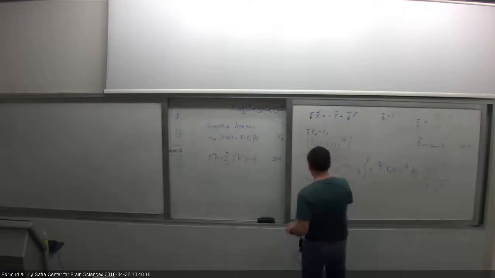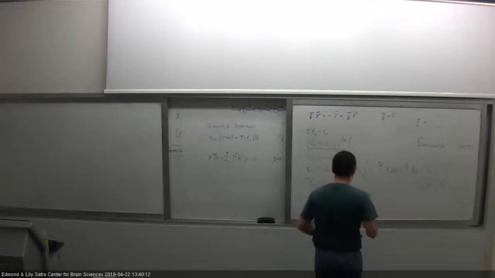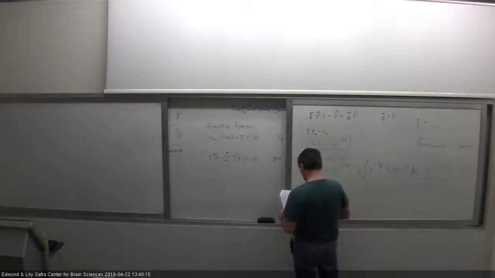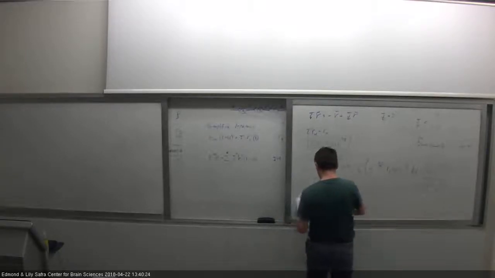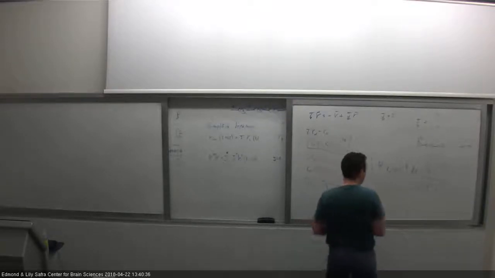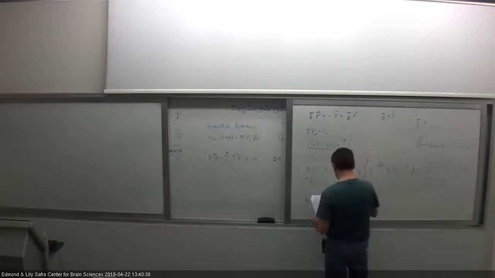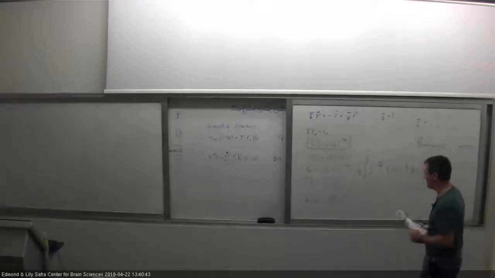And one can prove the general case: R n minus j of t will be equal to 1 over j factorial times t over tau to the power of j times e to the minus t over tau.